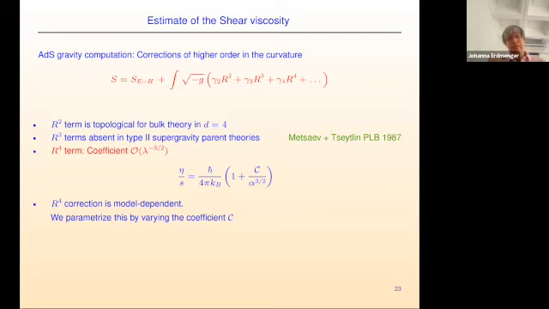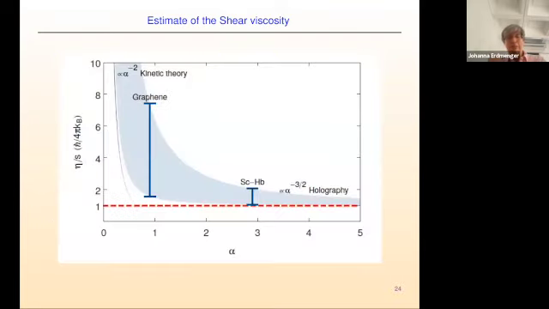Okay. However, now we could be very bold. If it's actually possible to make this material, and I should emphasize again, this material doesn't exist yet, we just suggested to make it. Should this exist, we predict the result for eta over s should be somewhere in this band.